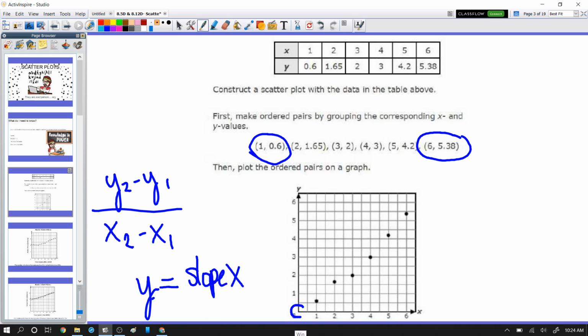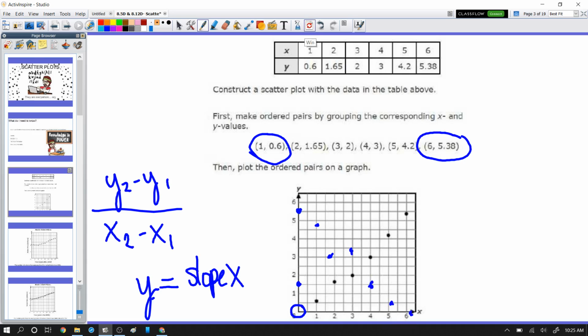Because we know whenever we're comparing bivariate data that for something to be proportional, 0 bags of chips would cost $0, right? So that would be where the line starts. Now, if we end up having a y-intercept, that would be where a line is starting here, and that could be where you start seeing negative trends.